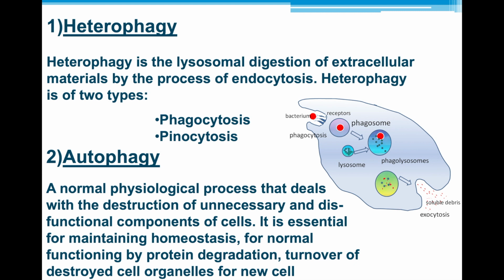They also remove the worn out and poorly working cellular organelles by digesting them to make way for their new replacement. In this way, they remove the cell debris and help in disposal of cell debris. Therefore, lysosomes are also called as scavengers and cellular housekeepers.